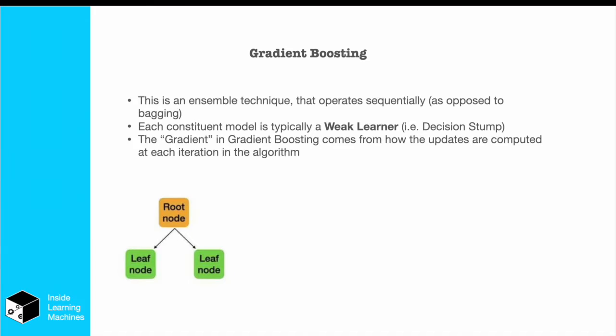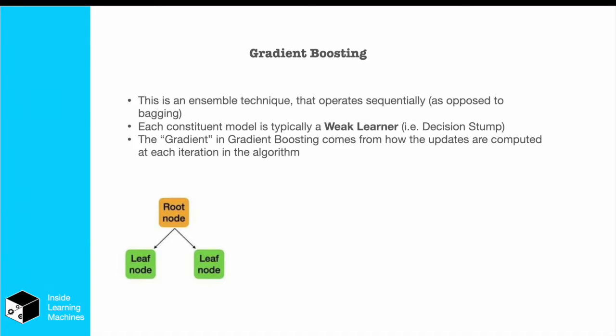What I've drawn here is a decision stump. So we've got a single root node and 2 leaf nodes. That's it. This model will try to make predictions on the data that we throw at it, and it will get some of those predictions right and a whole lot of them wrong. For such a simple model, that is what we would expect.